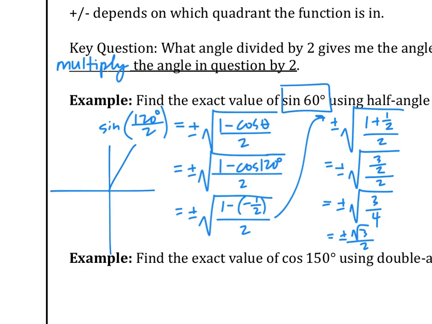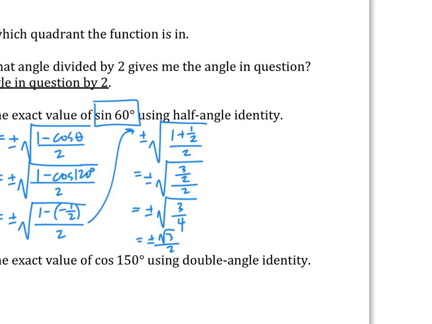And then you ask yourself, in that quadrant, is sine supposed to be positive or negative? Well, remember, All Students Take Calculus. So in the first quadrant, sine is positive. Therefore, we choose the positive. So you have to know whether the sign should be positive or negative in that quadrant, and not just randomly pick one. You have to pick the correct one.